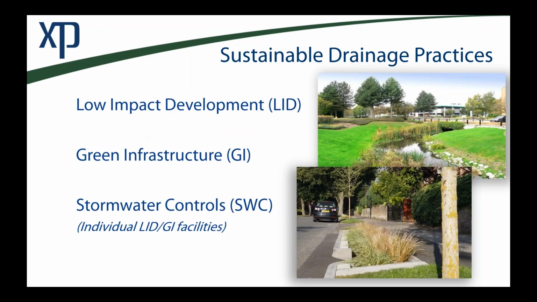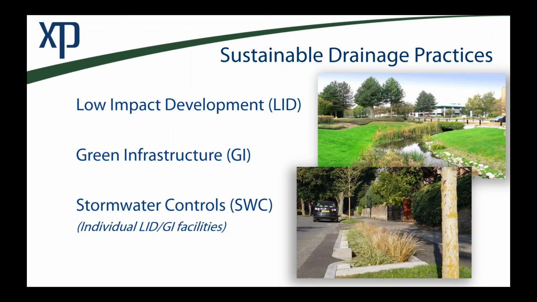So before we do anything else, what are we talking about? I'm going to use the terms green infrastructure and low impact development. There is a whole range of these terms that are used across the U.S. and across international lines all over the world. Green infrastructure and low impact development are the ones I'm probably going to use.